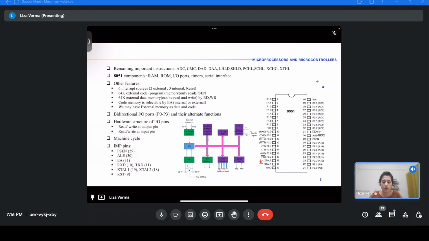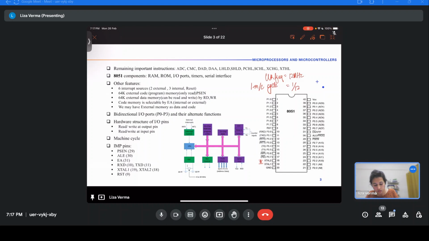We can calculate a machine cycle from this clock frequency. How? If the clock frequency is 12 megahertz, what will be the timing of one machine cycle? 1 by F. Actually it is divided by 12 first, my bad.